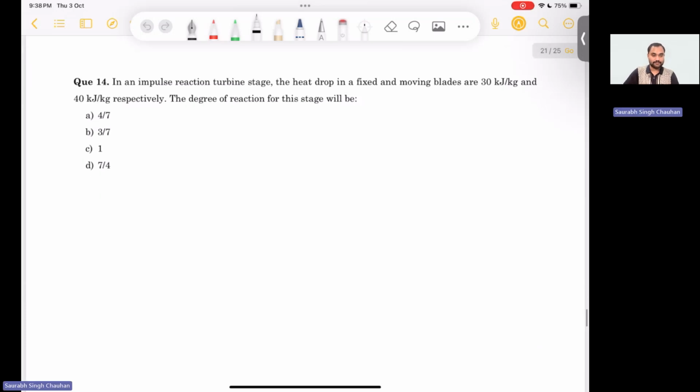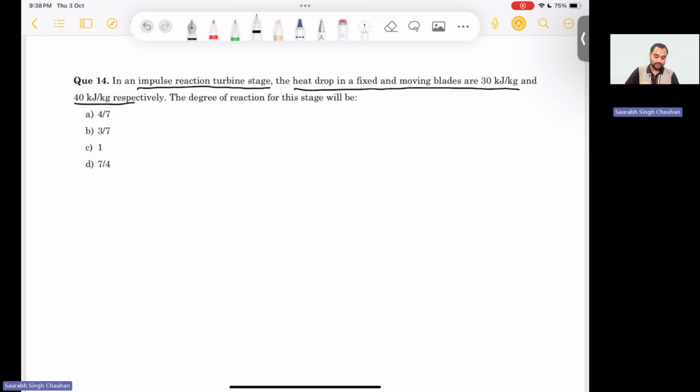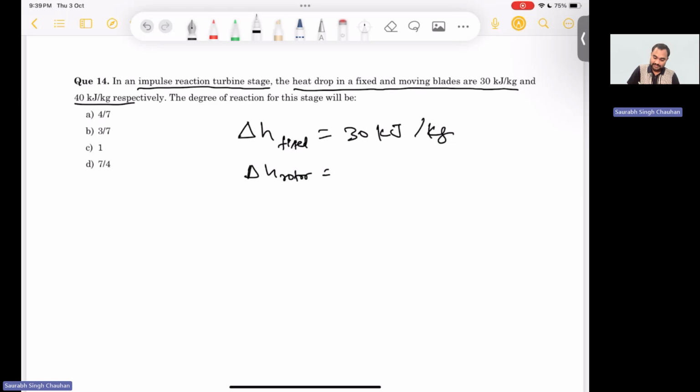Question number 14. It says that in an impulse turbine stage, the heat drops in fixed and moving blades are 30 kilojoule per kg and 40 kilojoule per kg. The degree of reaction for this stage is? So there is some enthalpy drop in fixed blade that is given to be 30 kilojoule per kg, and there is some enthalpy drop in rotor blade that is given to be 40 kilojoule per kg.